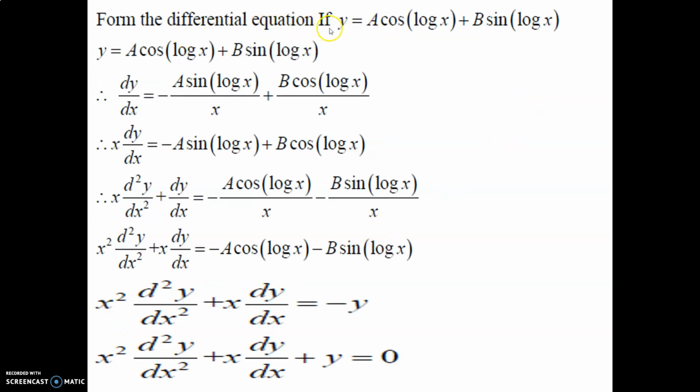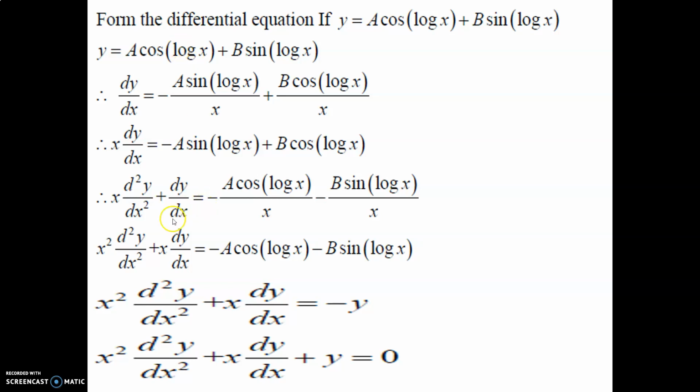Form the differential equation if y is equal to a cos log x plus b sin log x. Y is equal to a cos log x plus b sin log x. dy by dx is equal to, what is the derivative of cos f of x? It is exactly minus sin f of x into derivative of f of x. We have to apply the chain rule of derivative here.